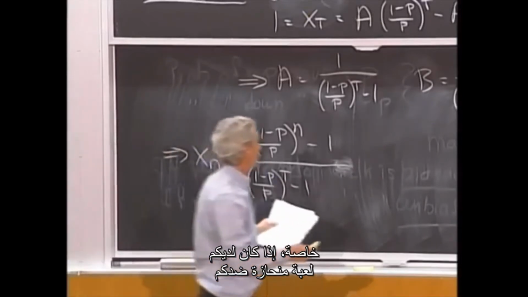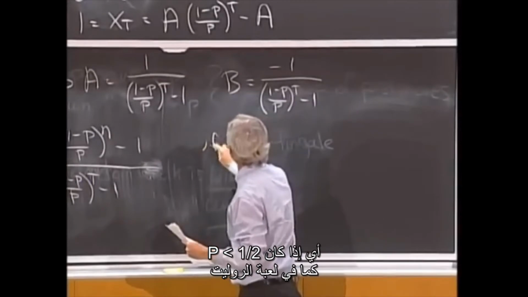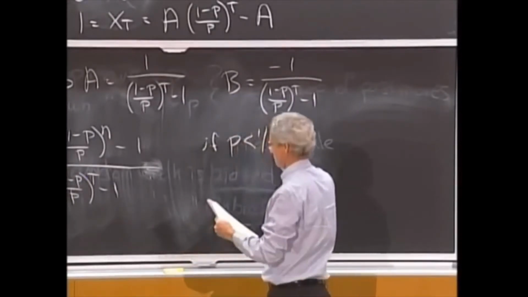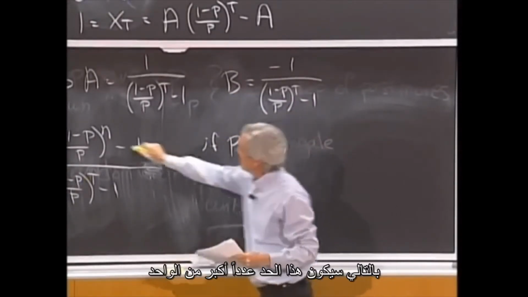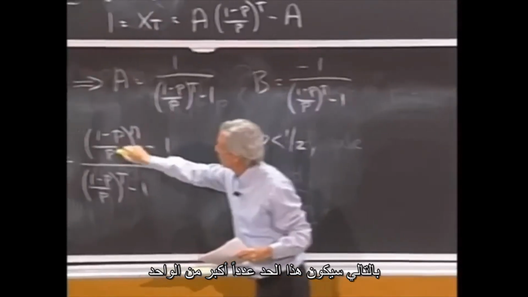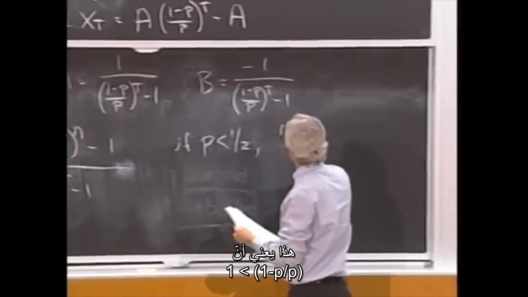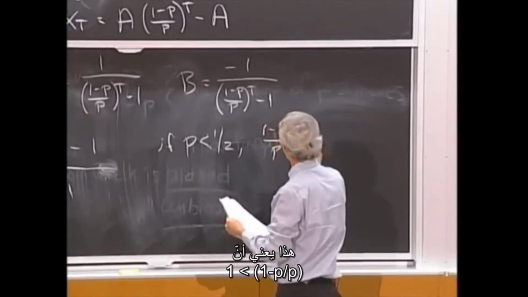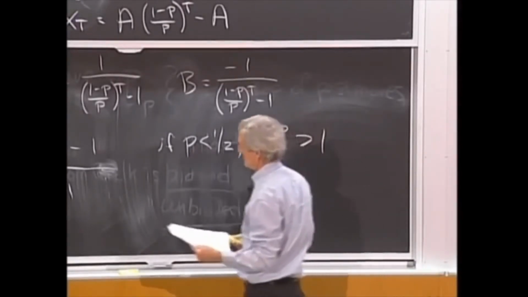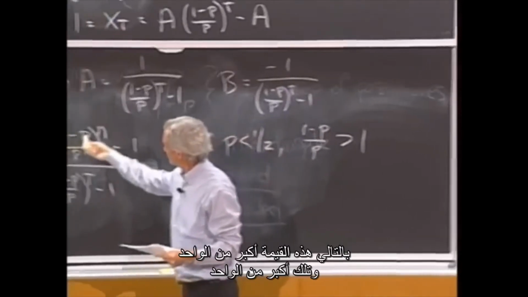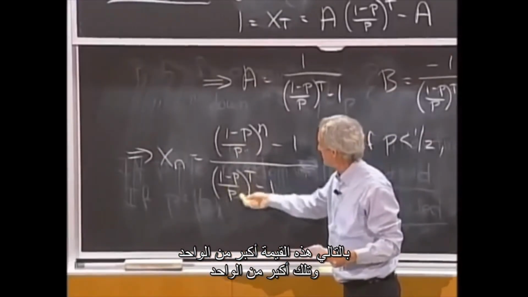In particular, if you have a biased game against you, so if p is less than a half, as it is in roulette, then 1 minus p over p is bigger than 1. So this is bigger than 1. This is bigger than 1.